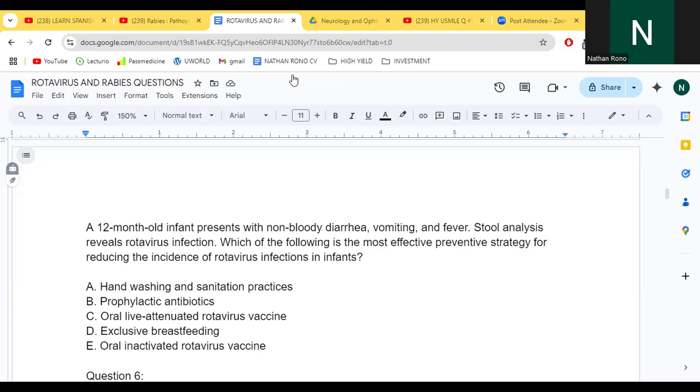Between Salk and Sabin, which one was the live attenuated vaccine? When we did that, was it last week or last week but one? So Sabin was live attenuated. Then which one was the inactivated vaccine?